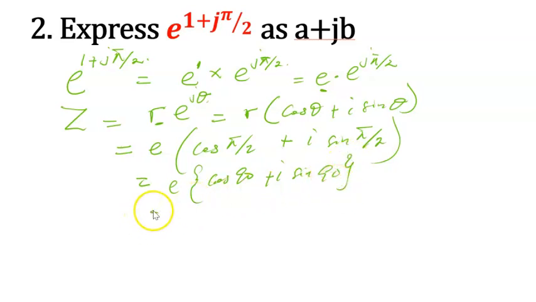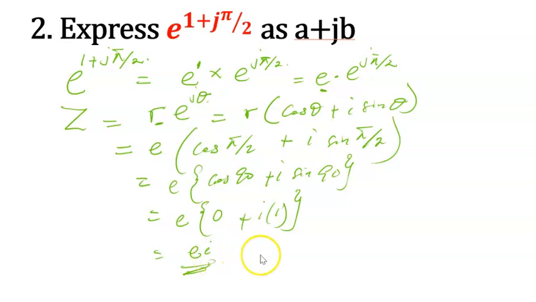Now cos 90 is 0, so that will be 0 plus, and in place of j I've been using i. Like I said in one of my videos, you can use them interchangeably; some textbooks use i, some use j. That should not be a thing of confusion. Then i sine 90 is i times 1. So this equals e times 0, which is 0, plus e times i times 1, which is e i. So in my rectangular form, my final answer is e i.